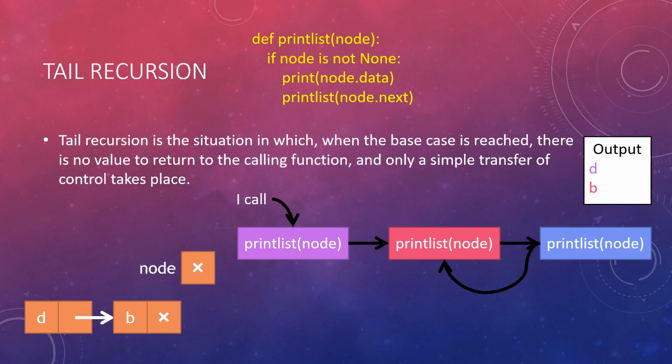When control transfers back to it, it does not have any more lines to execute. So it transfers control to the function that called it. And the same thing happens to the print list function in purple, and it transfers control to me.